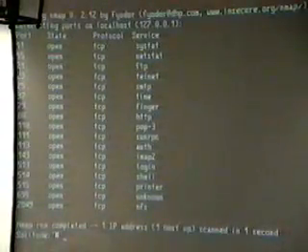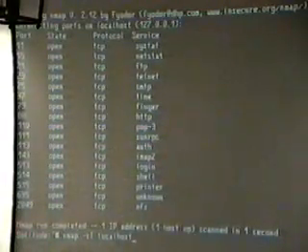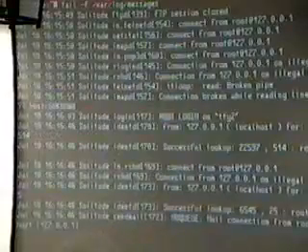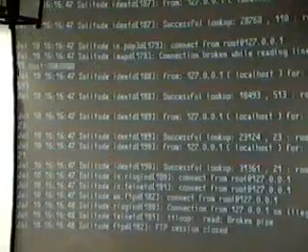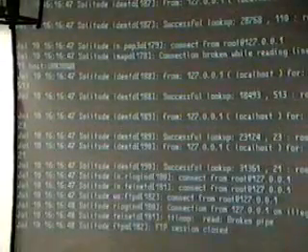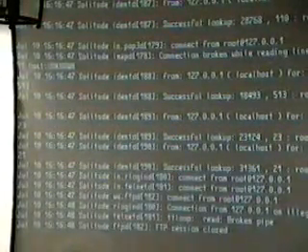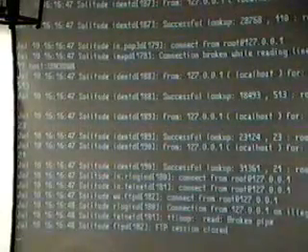We'll run it again and take a look at the logs. As you can see, it's telling you what port it's connecting to, what service is running, and it also has the identification of who's doing the port scanning and where it's coming from.